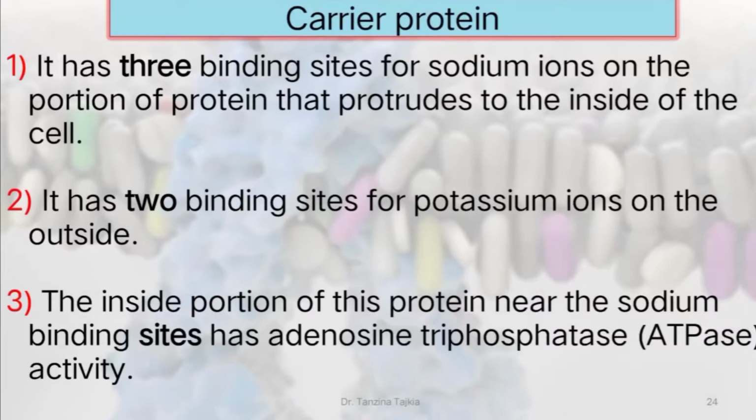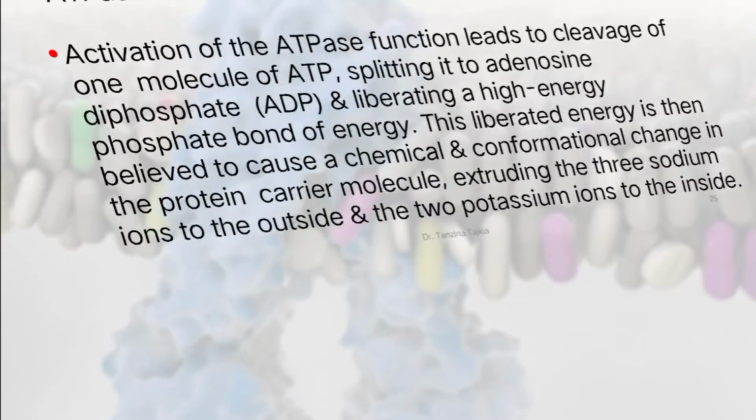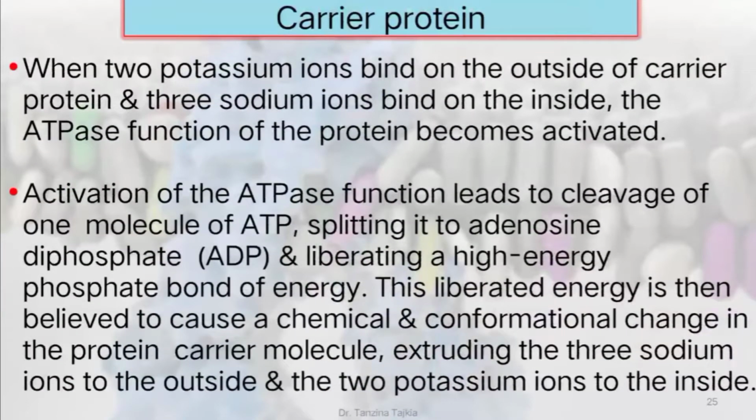The inside portion of this protein near the sodium binding sites has adenosine triphosphatase activity. When 2 potassium ions bind on the outer side of the carrier protein and 3 sodium ions bind on the inside, the ATPase function of the protein becomes activated.